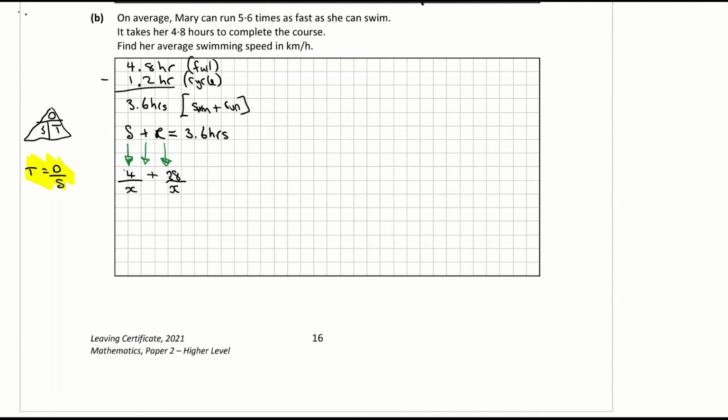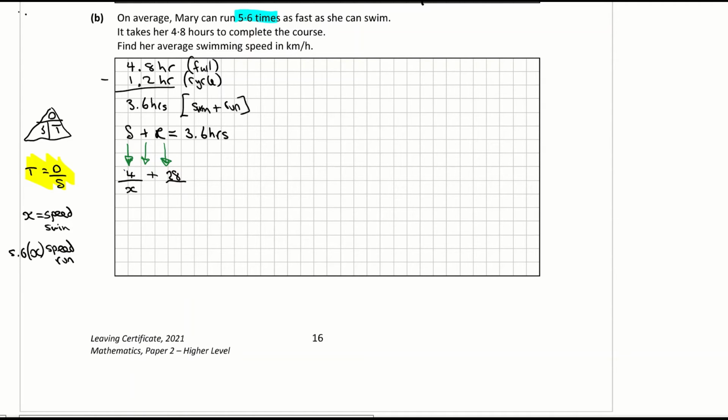But look at the question. It tells us that her speed is 5.6 times faster than the swim speed. And I've assigned X as the speed of the swim. So that means the speed of the run is 5.6 times faster than it, so I'm multiplying it by 5.6.